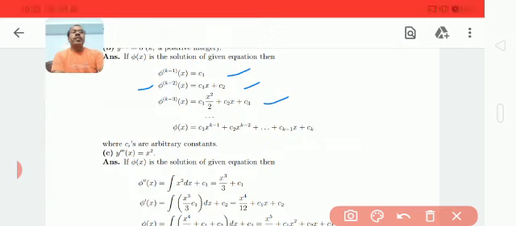So finally you will get the function phi of x, which is equal to c1 into the integration of the kth power, that is x to the power k minus 1 upon k minus 1 factorial. But we will take c1 divided by that constant as some new constant.